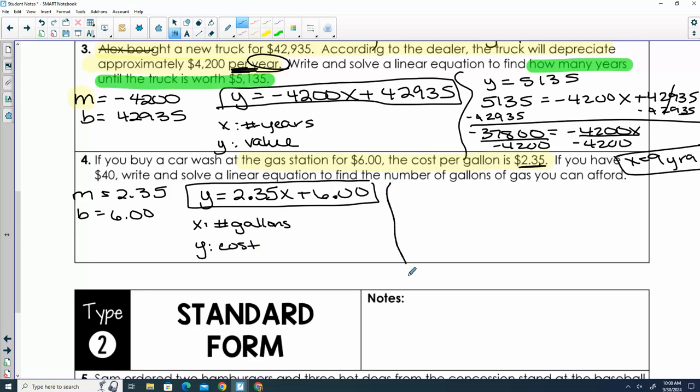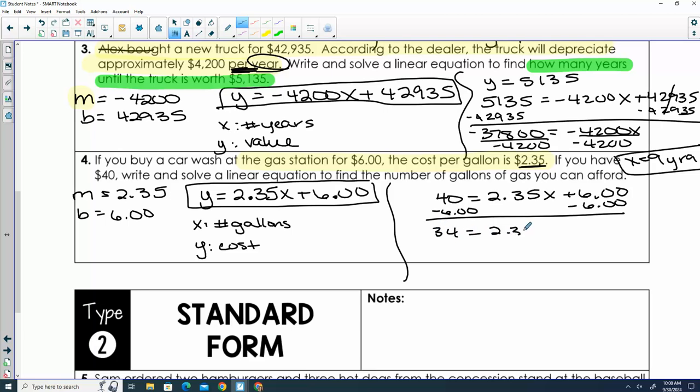So now it says if you have $40, find the number of gallons you can afford. So 40, that's a cost, that's my y. So 40 equals 2.35x plus $6. Subtract that over. Get 34 equals 2.35x.